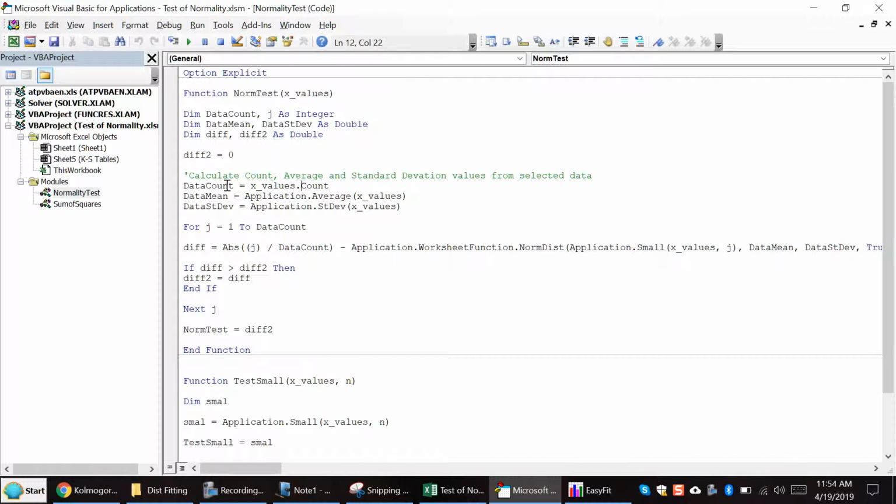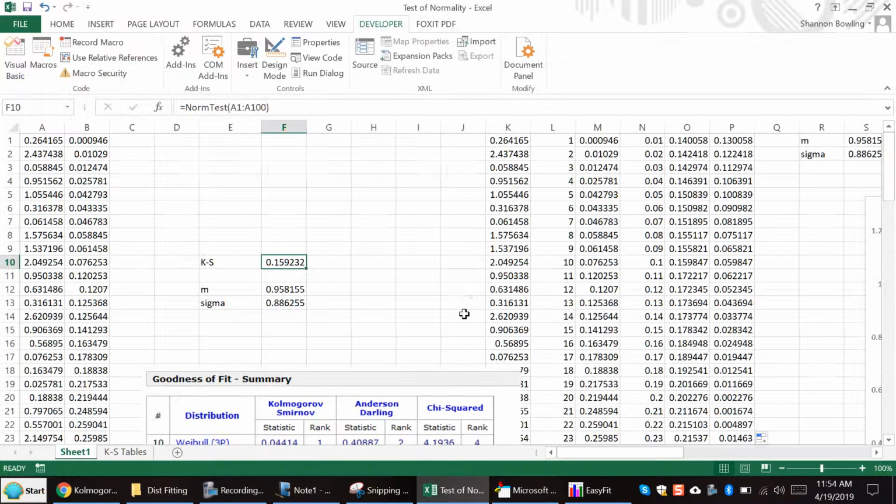It just tells me how many x values I have. Data mean, application dot average x values, just gives me the average of these x values. Application dot stdv gives me the standard deviation. Then I say for j equal 1 to data count, which is 1 to 100 for an x loop, calculate the difference, which is the absolute value of this guy minus this guy, which is this guy right here in the spreadsheet form.